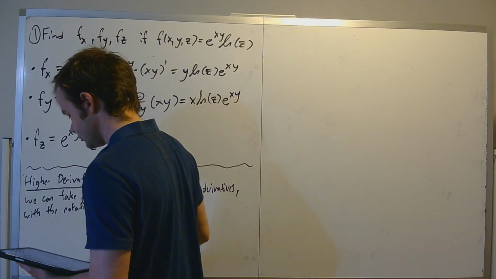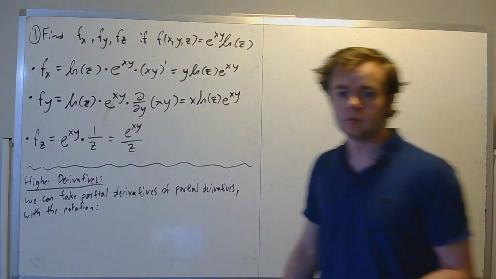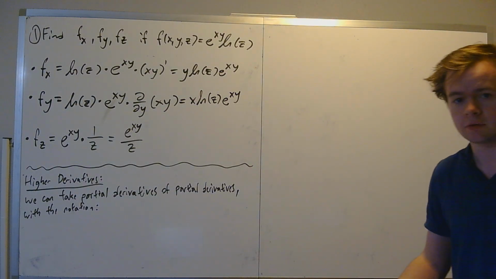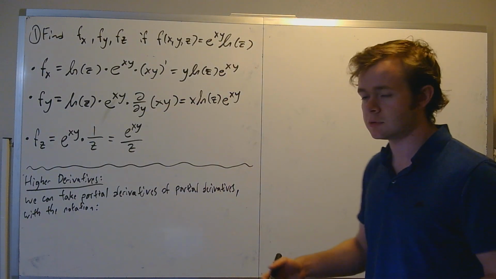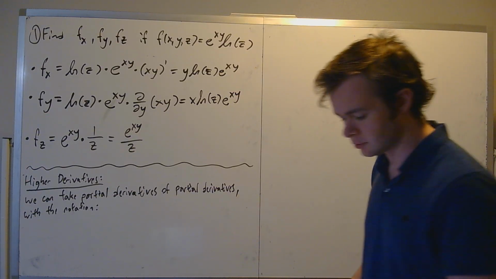Okay, so remember whenever we're just doing normal derivatives, we can take a second derivative, a third derivative, and so on. So we can take derivatives of derivatives. We can do the same thing with partial derivatives.